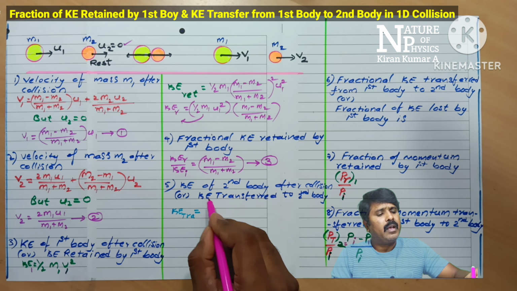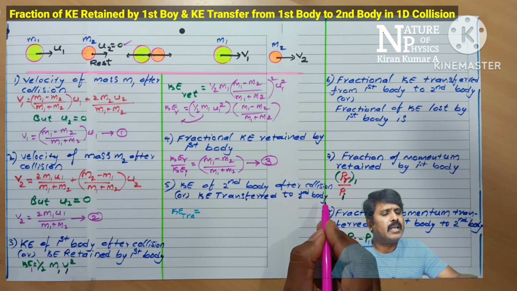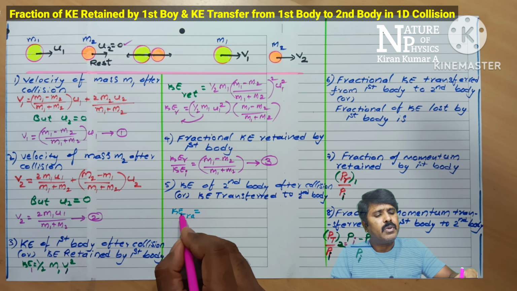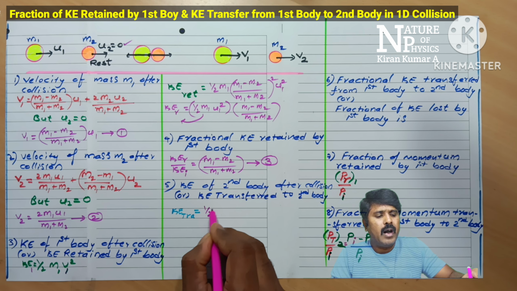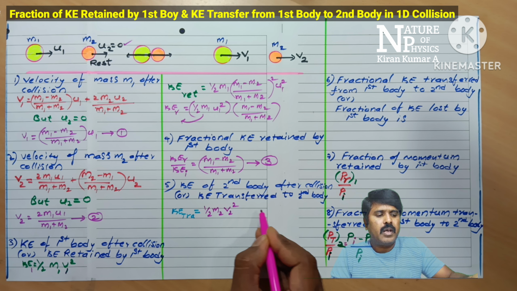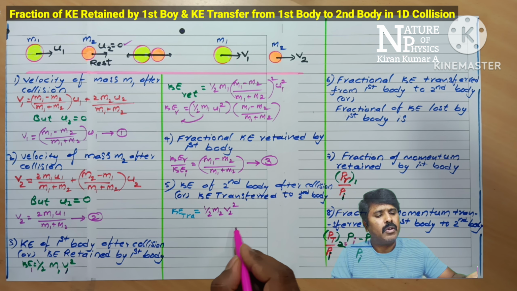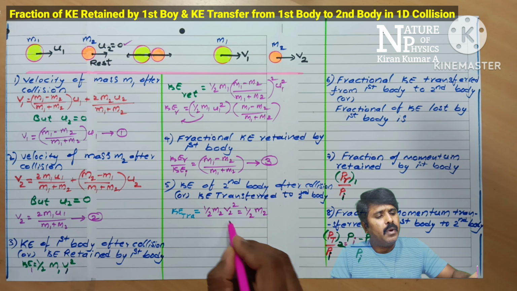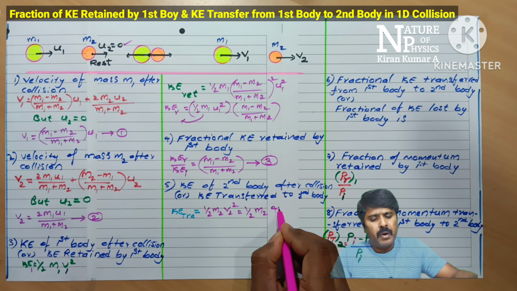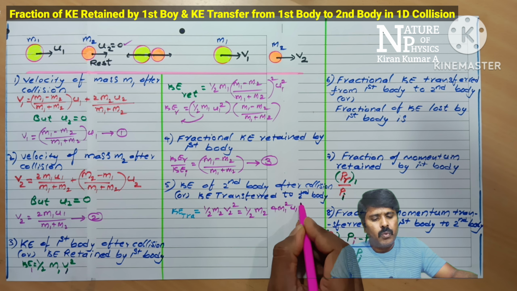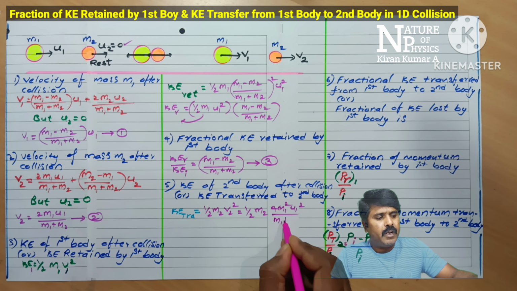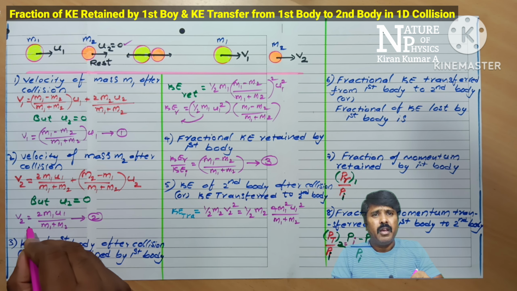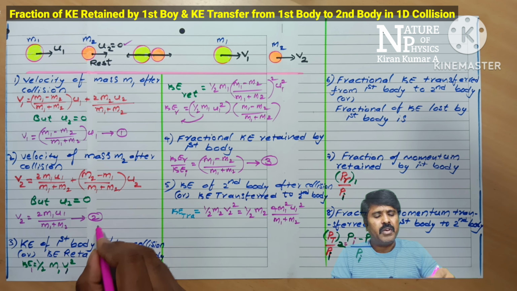Also the kinetic energy of the second body after the collision, that is the kinetic energy transferred to the second body from the first body. So kinetic energy transfer is equal to 1 by 2 of m2 v2 square, the basic equation I wrote. Now replacing the value, 1 by 2 into m2 into the v2 value, 4 m1 square u1 square divided by (m1 plus m2) whole square, because v2 square is there, student. That v2 square value is replaced from equation 2.